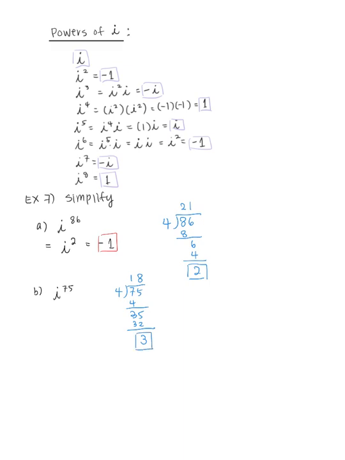That's all we care about. So now we can write i to the 75th power as i to the third. Well, what's i to the third? That's nothing but i squared times i, which is going to give us just -i for the answer.